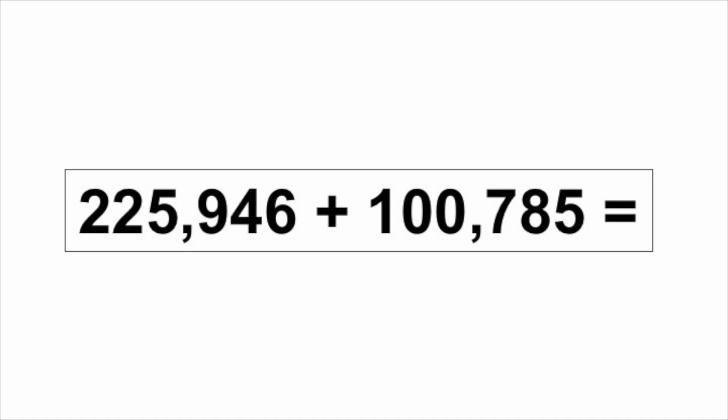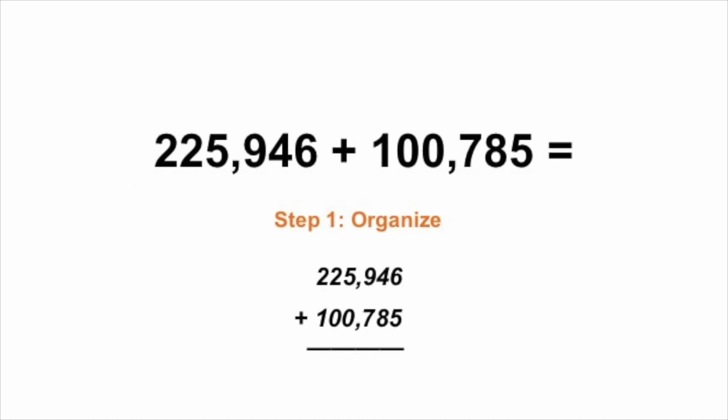So first step, always organize. Yes, we always need to do our addition table just like we do with all addition sums. And then we can begin to work through the different units. Always remembering to start at the lowest value, the ones.